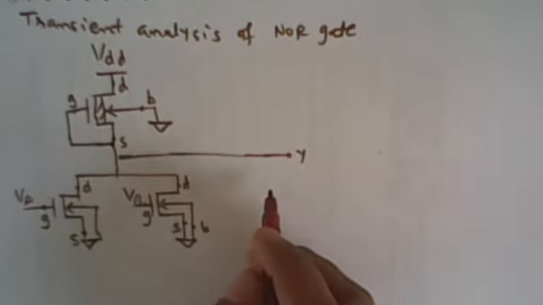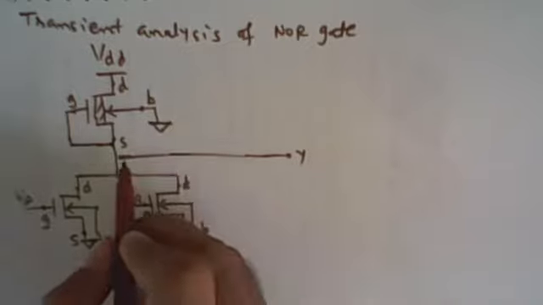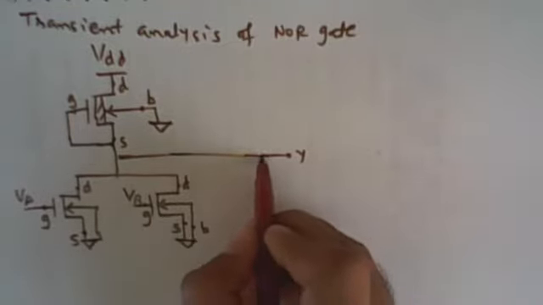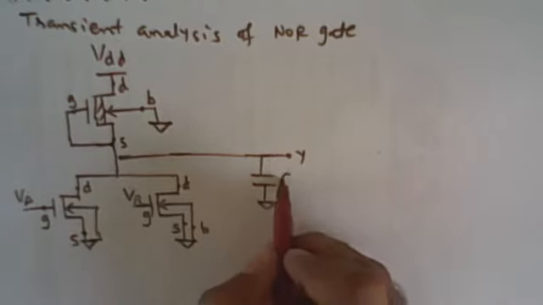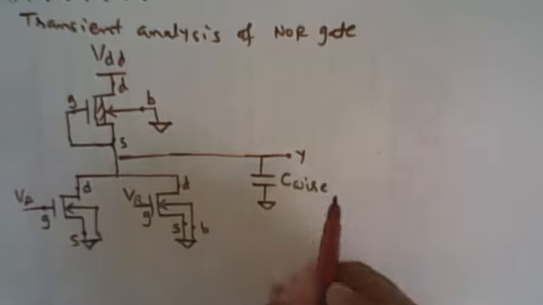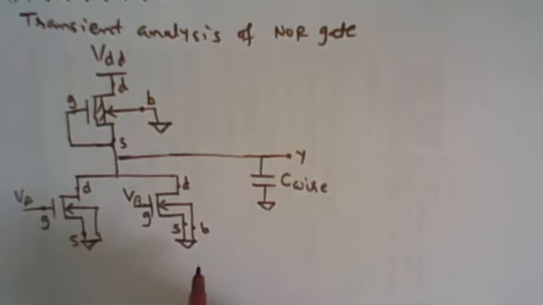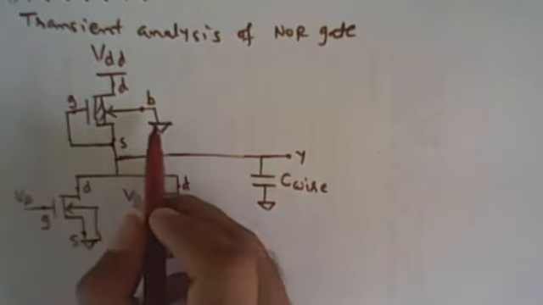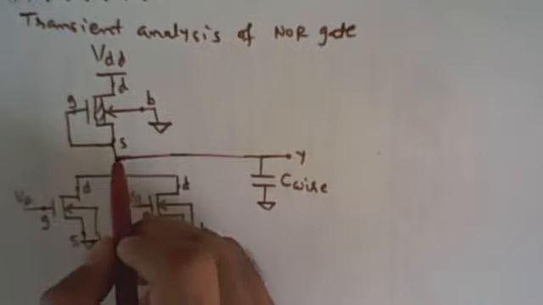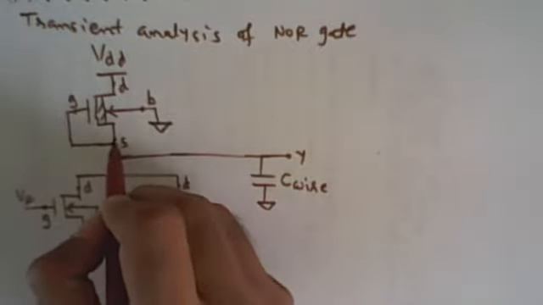So let's see how many different capacitances form. The first capacitance is due to this wire, which we define as the C wire capacitance. Another capacitance is between the source and the bulk. Source is connected at the output and bulk is grounded.